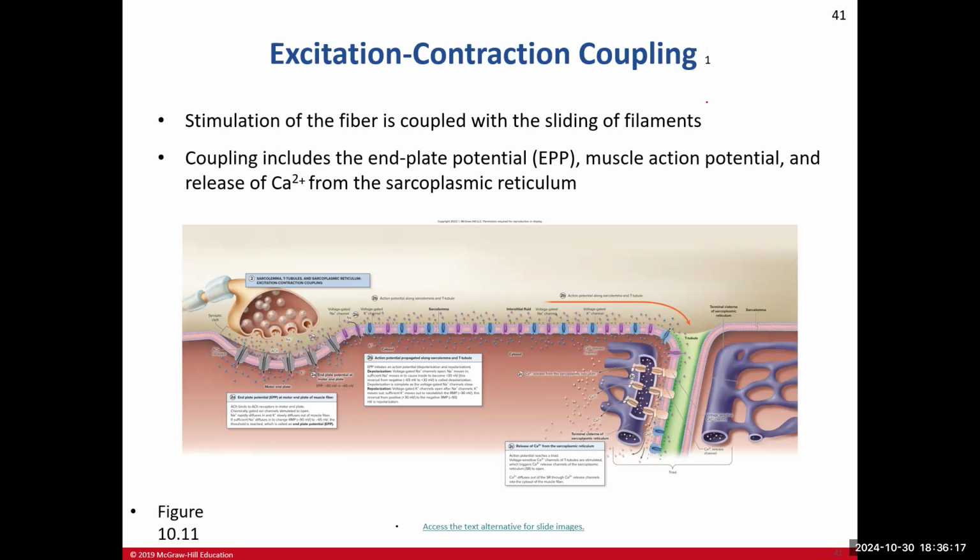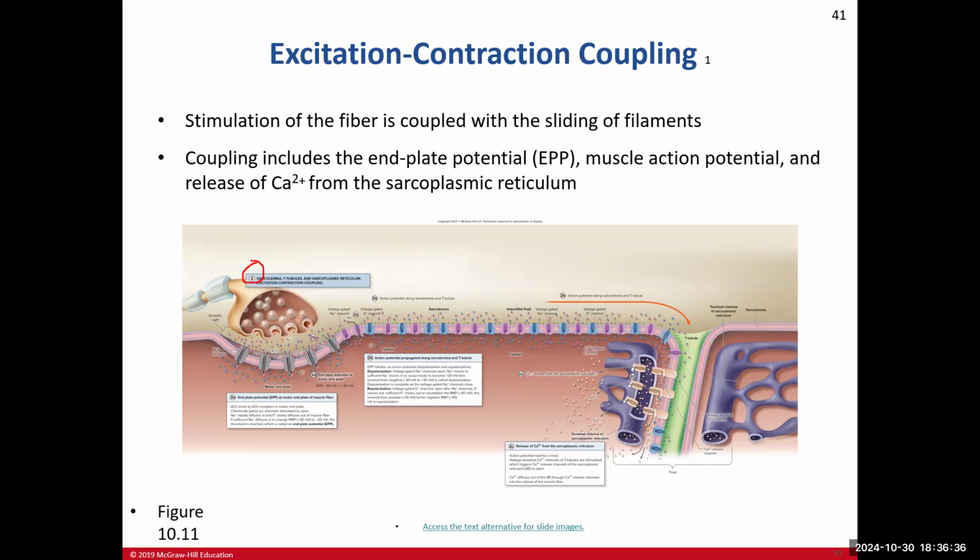Okay, so now we're going to go to the second part. Number 2, the second phase, step, whatever you want to call it, of a muscle contraction, which we call excitation-contraction coupling.